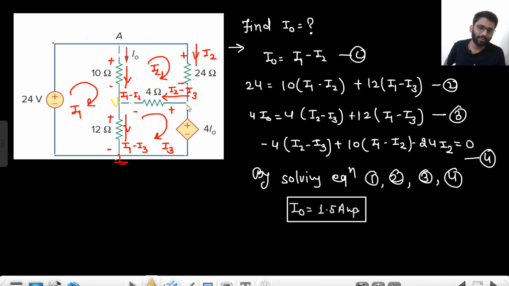And now you know the potential of this point, that is 4 I naught. That means 4 into (24 minus V) by 10. So in only one variable you can get the value of this potential V. Then you can find the value of I naught. So this will be easier with nodal analysis actually. So solve homework, I can write. Solve by nodal on your own.